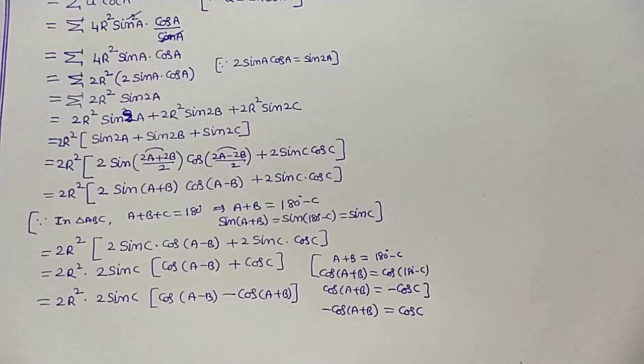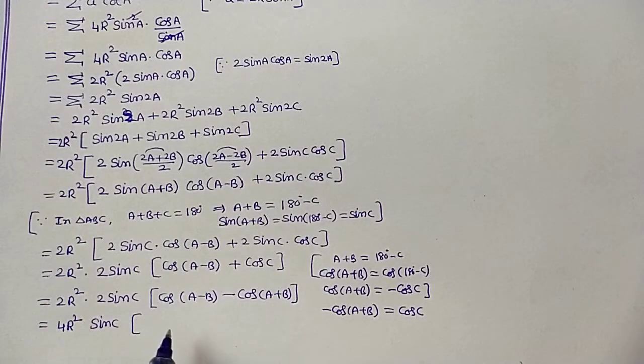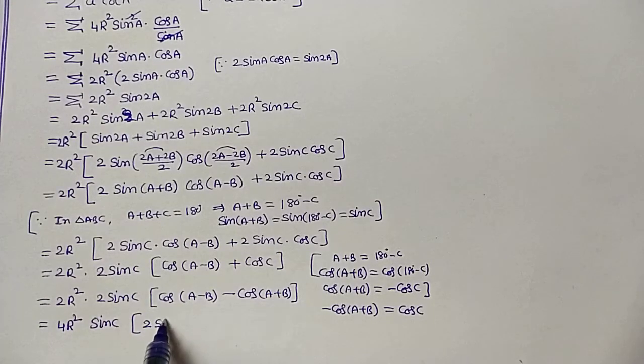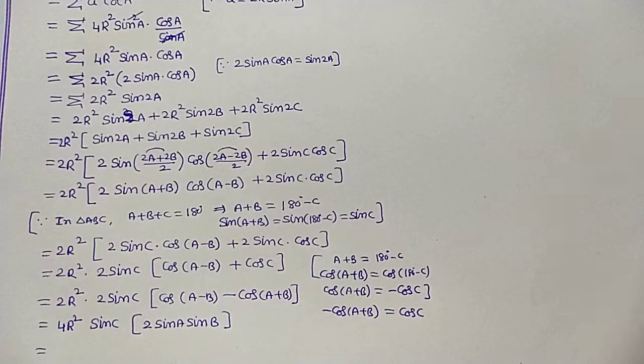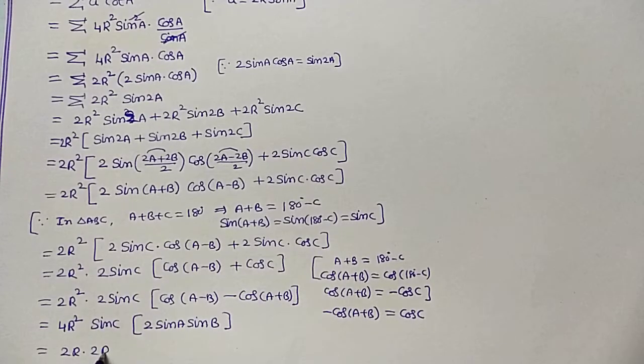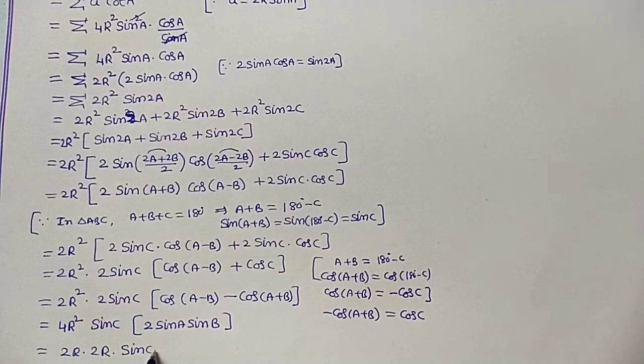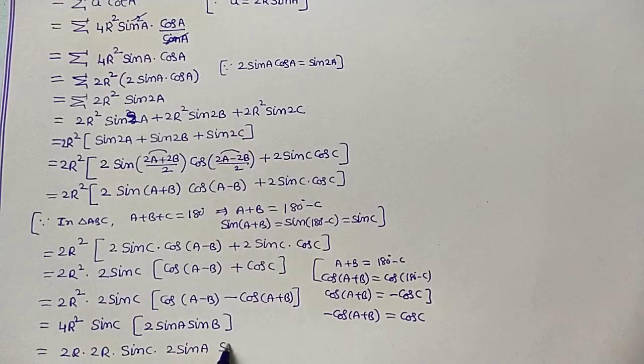Again, cos of (A minus B) minus cos of (A plus B) is the formula for 2 sin A sin B. So which is equal to 4R square sin C, and from the transformation formula this will become 2 sin A sin B. This also we have to prove as abc by capital R. So what I am doing is, here 4R square is 2R into 2R sin C into 2 sin A sin B.